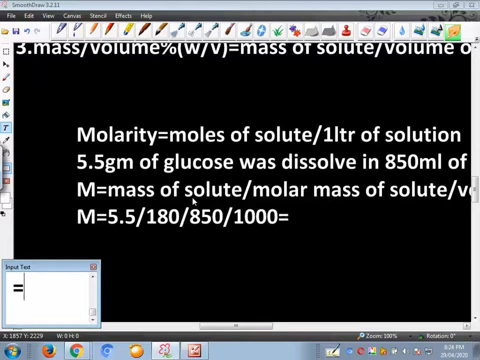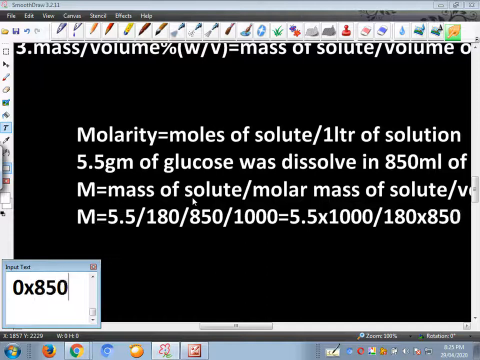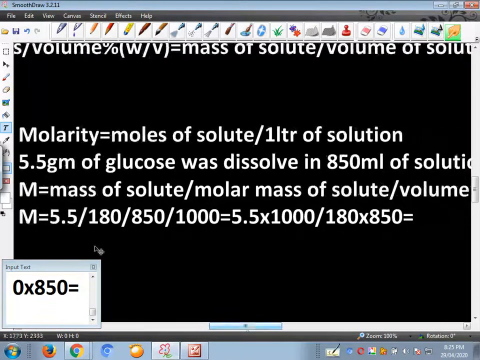So when you simplify this, I will simplify for you easily. 5.5, we are multiplying it by 1000 because this denominator will come into the numerator, whole divided by 180 into 850.